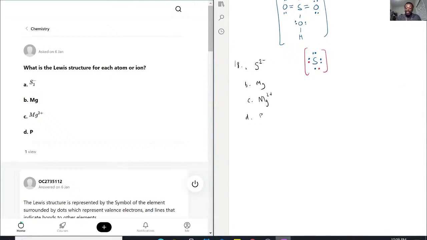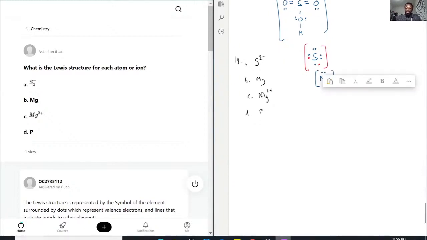Magnesium, just by itself, has 2 valence electrons. So that's Mg and 1, 2. Magnesium 2 plus, funny enough, would just be Mg and 2 plus on the outside. That's all we need to do because we got rid of the 2 electrons.